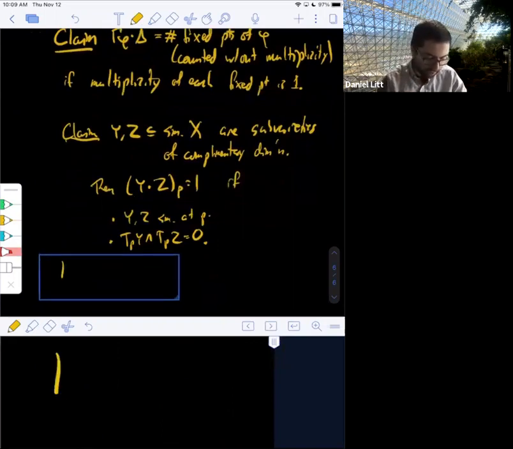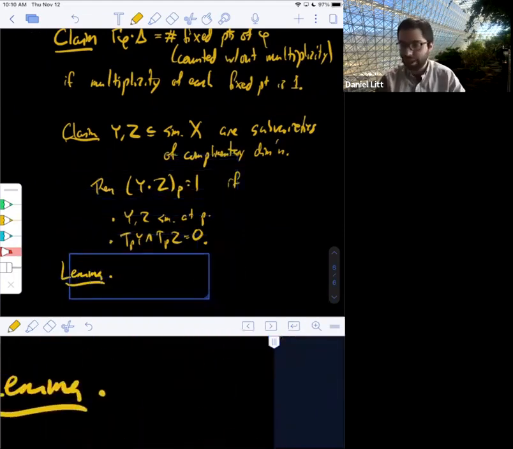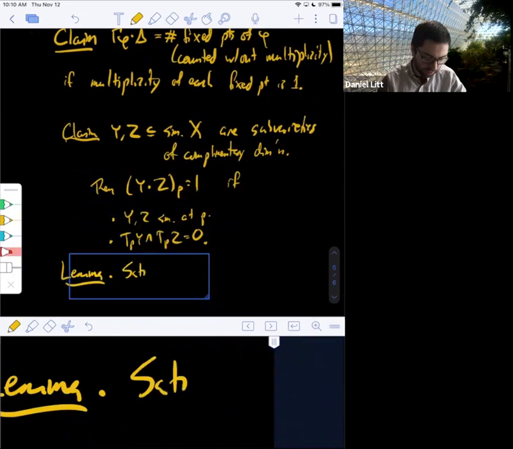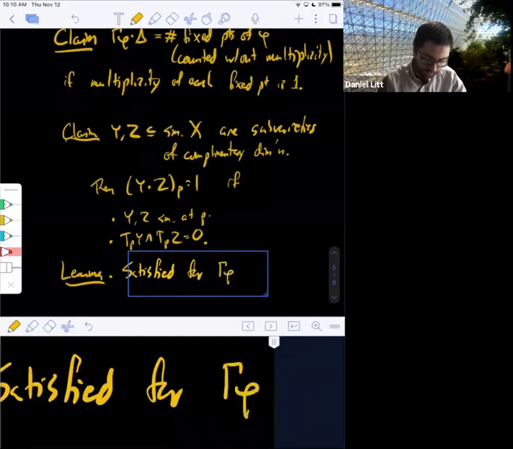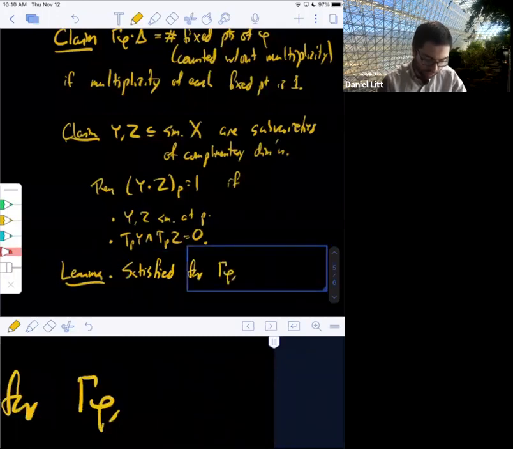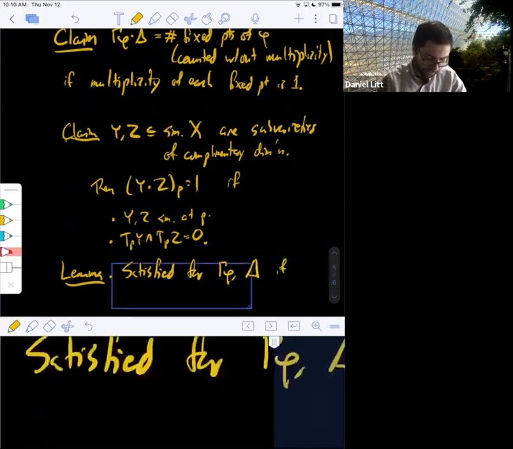So this claim I'm not going to prove because I haven't said what this dot means. But the lemma you should check is that this is satisfied for the graph of phi and for delta. So you take Y to be the graph of phi and Z to be delta, if X is smooth.